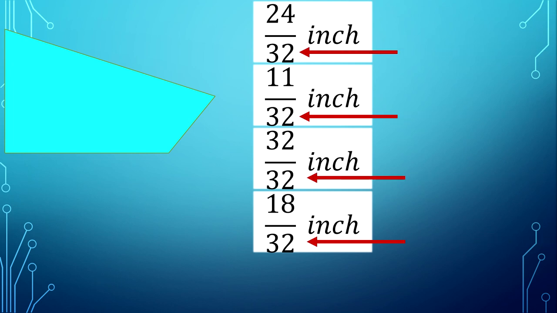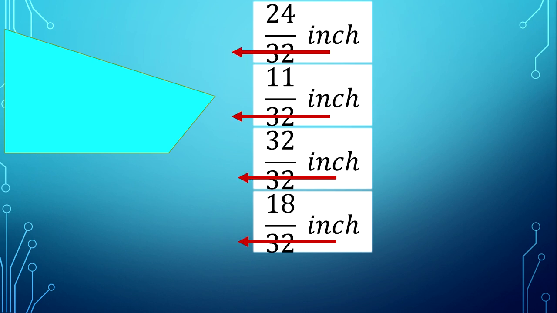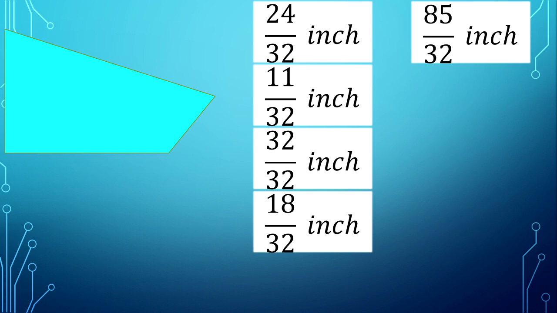All right, again, all of my denominators are the same. If they're not the same, then I'm going to have to change some. And if I add 24 plus 11 plus 32 plus 18, I get 85 over 32.